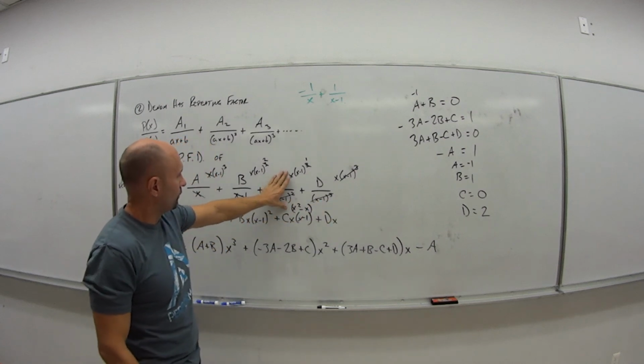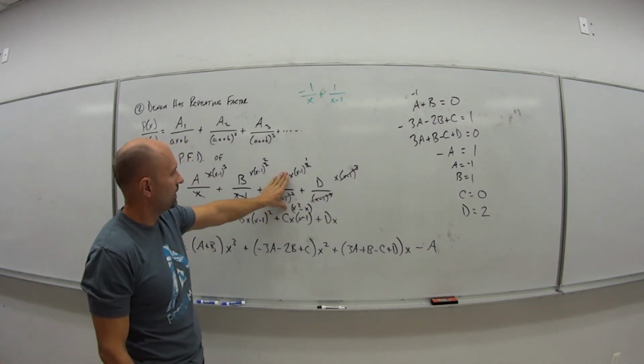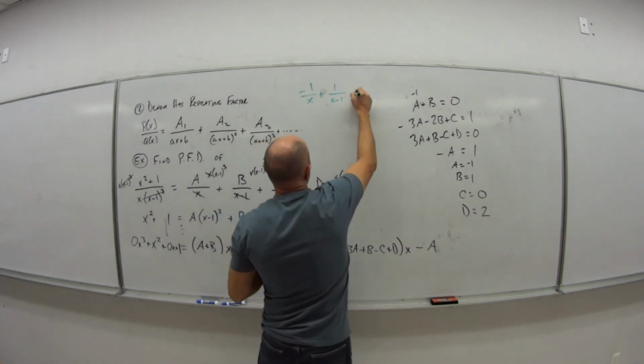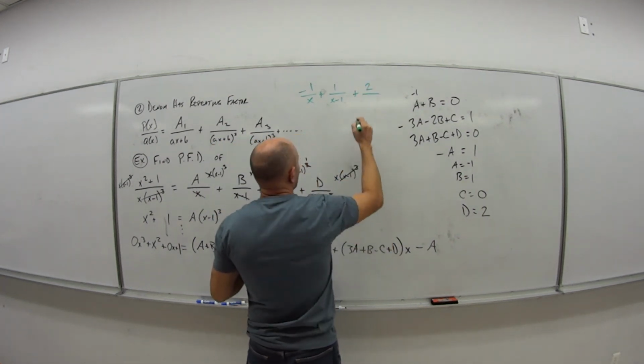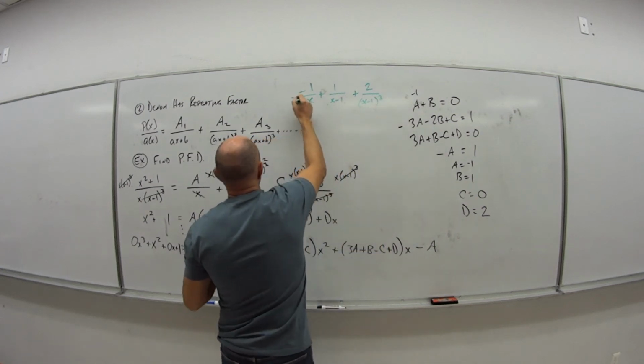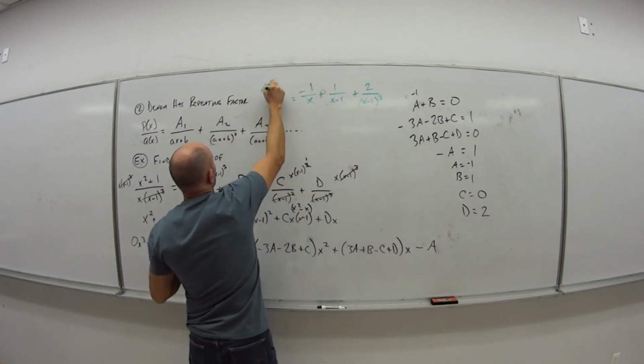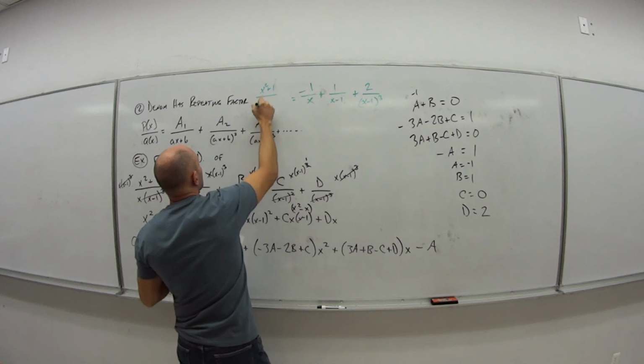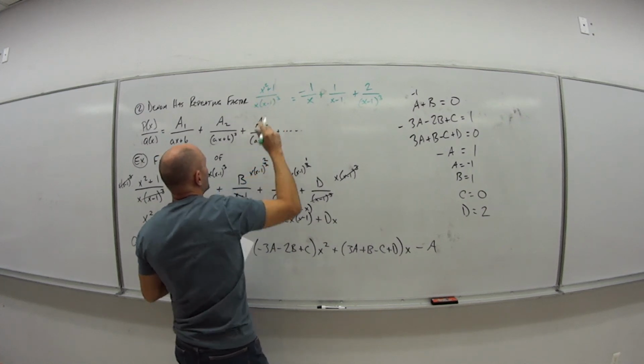C is 0, so this term is gone. I don't have to put it in. And D is 2. So plus 2 over x minus 1 to the third. So this equals what we started with, x squared plus 1 all over x times x minus 1 to the third.